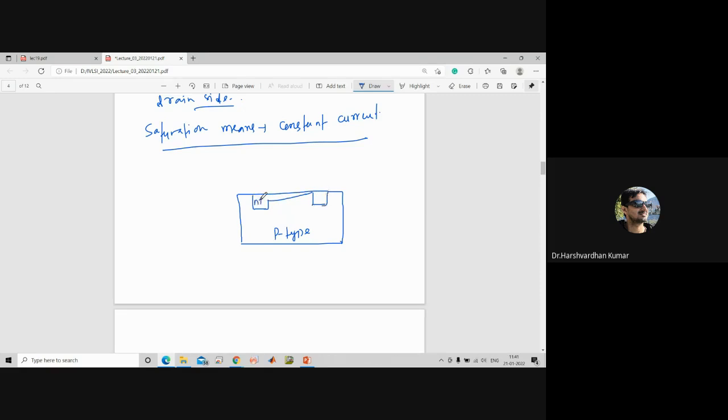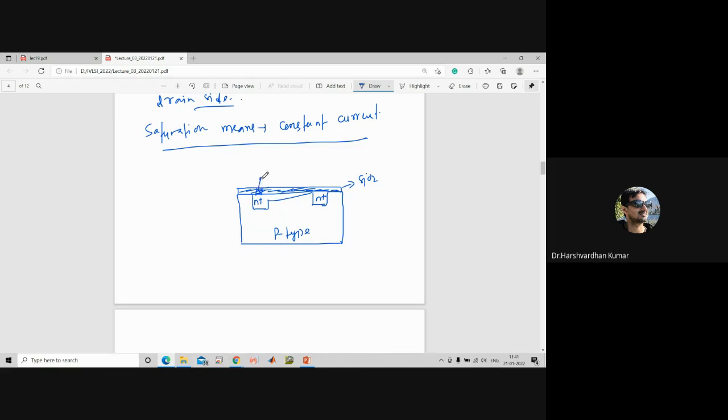So this is N plus, this is N plus. Here there is an insulation layer, so this is SiO2, and here we will do some etching to form the metal contact.